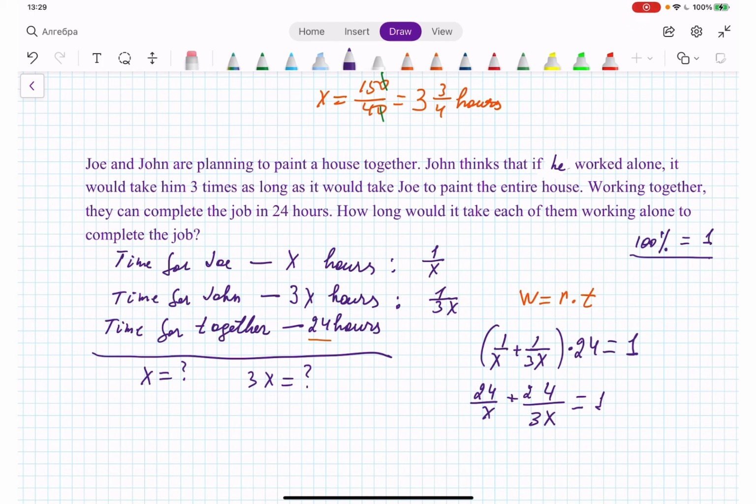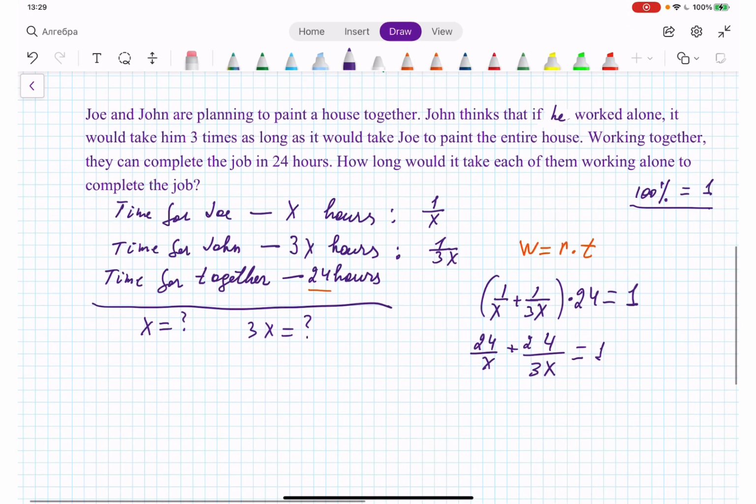All right, let's bring to a common denominator x and 3x. It's going to be 3x, which means here we are multiplying by 3. The second fraction we don't touch, because we already have 3x. Since this is an equation, we can throw out the denominator.